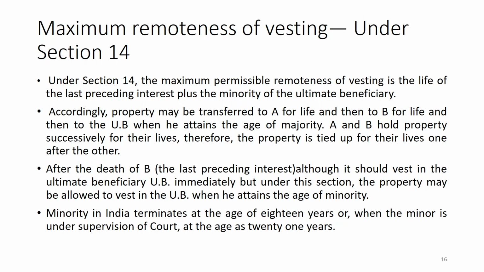In that case, suppose person A has transferred the property for D, and B and C have a life interest. A died in 2015 and B died in January 2022. So, before the death of B in January 2022, the unborn person was on this earth.